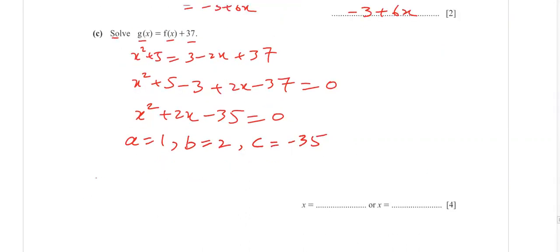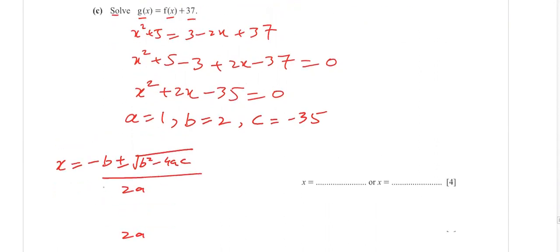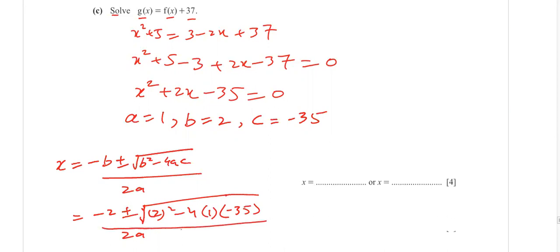So use the quadratic formula: x is minus b plus minus square root of b square minus 4ac, divided by 2a. So from this one, minus 2 plus minus square root of 2 square minus 4 into 1 into minus 35, over 2 into 1. So from this I will have minus 2 plus minus, solve this square root part.